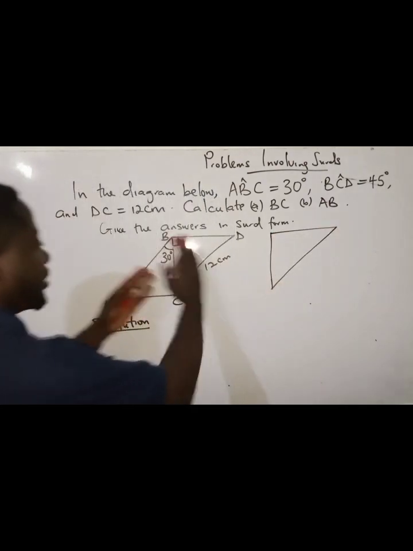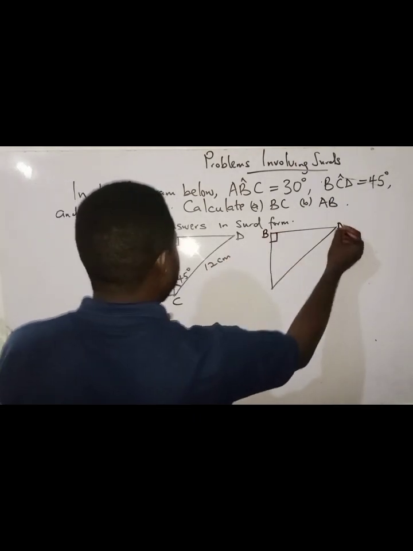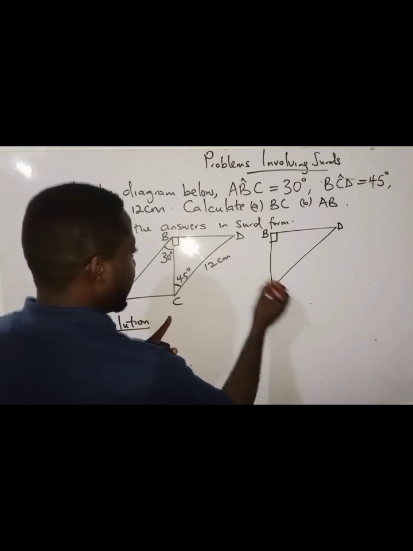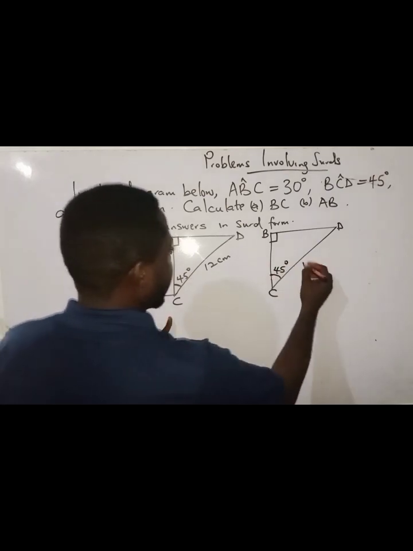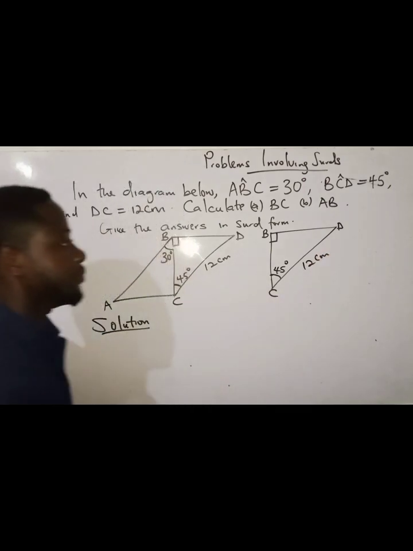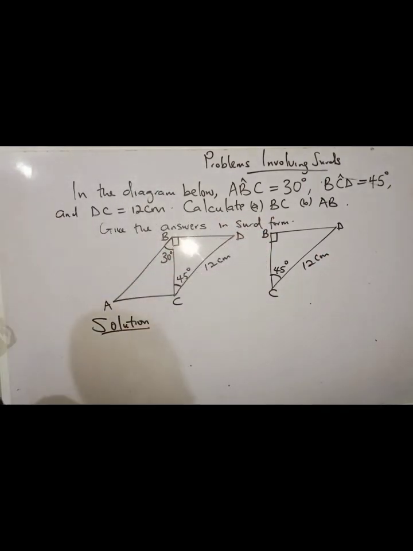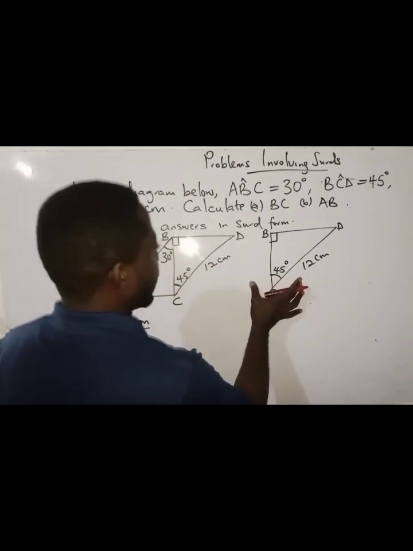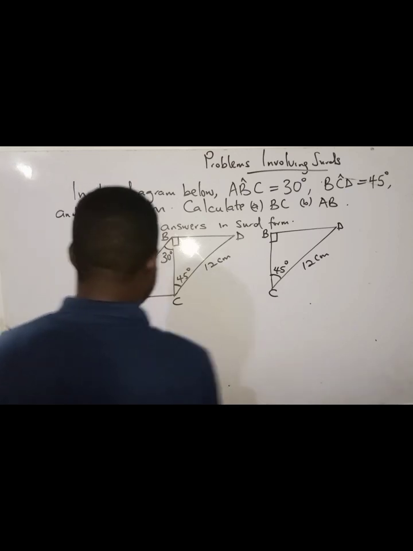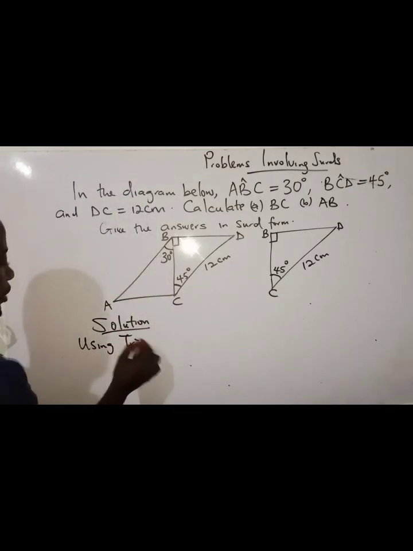I'm going to have B here, D here, and C. Then this angle is 45 degrees, and we have 12 centimeters here. The first thing we have to find is side BC. Now we are going to make use of SOHCAHTOA, which is using trigonometric ratios.